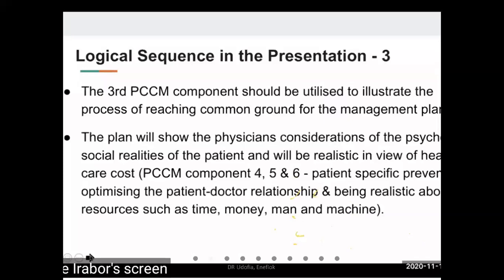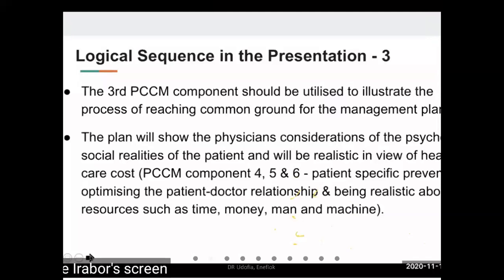You share common grounds in terms of maybe a side effect of drugs and why you need to use these, and the rest of things, and in the costs. The plan will also show physician consideration of psychosocial realities of the patient and will be realistic in view of the health costs.